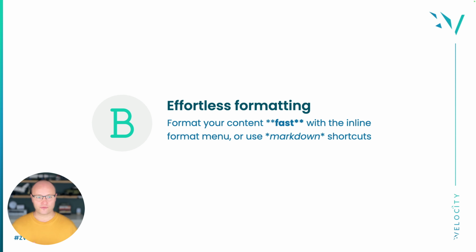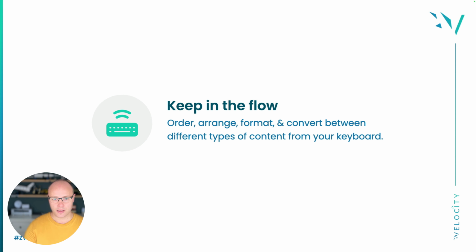And we wanted to make formatting effortless, the ability to create content fast and on the move, whether you use an inline toolbar or want to use something like Markdown. And keeping in to the sort of focus of keeping you in the flow, we wanted you to be able to arrange, order and format and convert between different types of content straight from your keyboard.